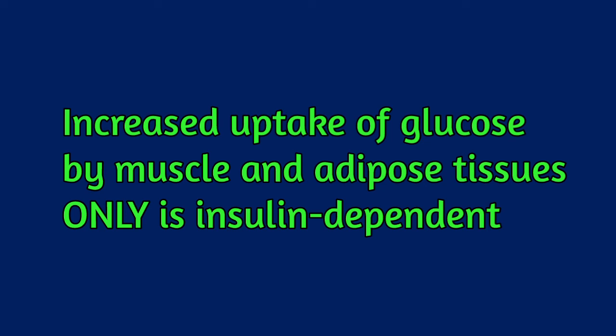And that's actually quite important to appreciate. Muscle, because of its mass, can pick up a lot of glucose and use it for its energy source, for its energy needs. So can adipose tissue.